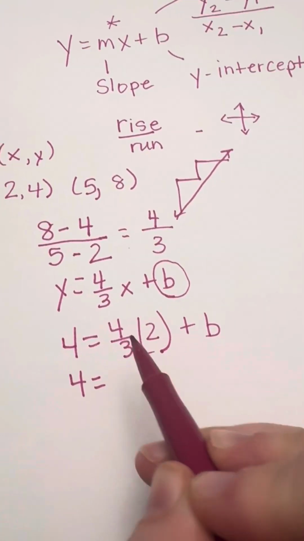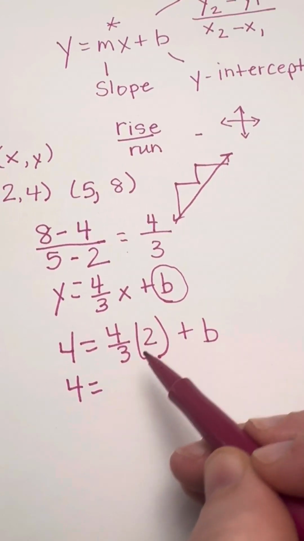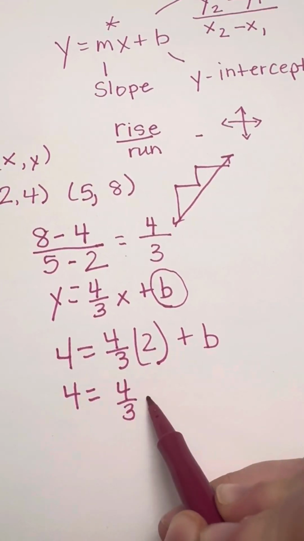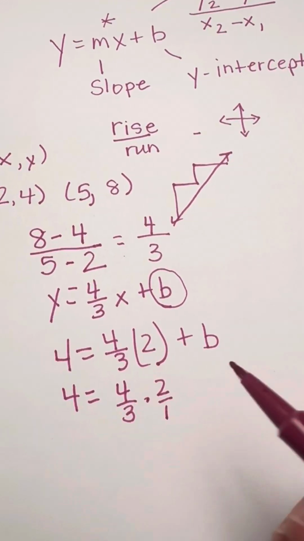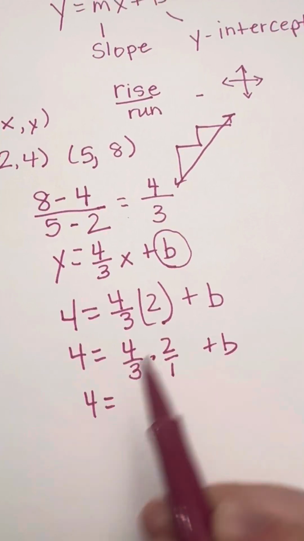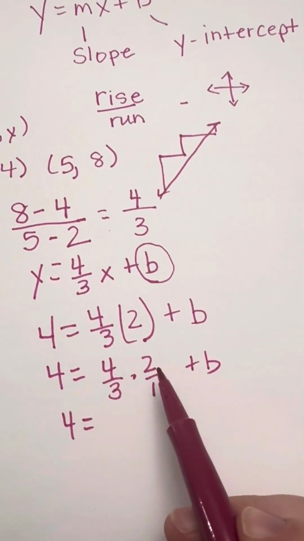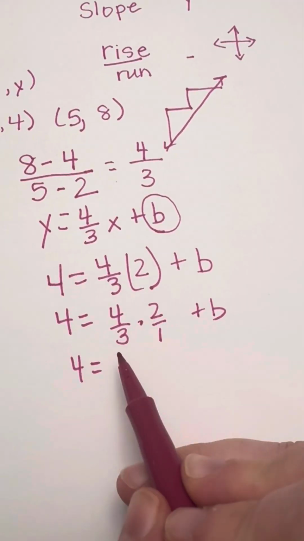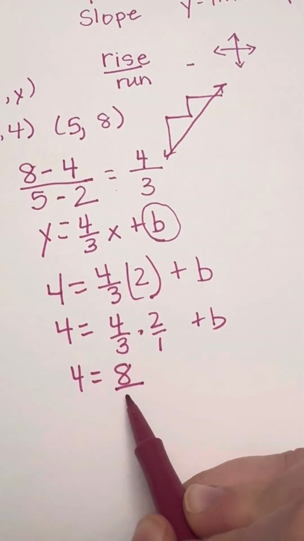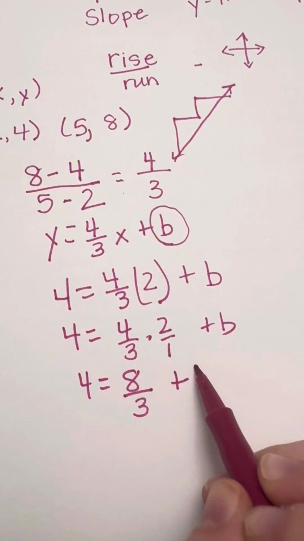Now I'm going to keep simplifying. 4 equals 4/3 times 2 turns into 4 over 3 times 2 over 1, right? Plus b. And that's 4 equals, when I multiply fractions, I'm just going to go straight across. 4 times 2 is 8, and 3 times 1 is 3, plus b.